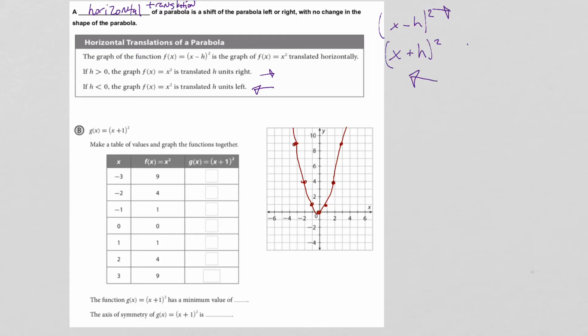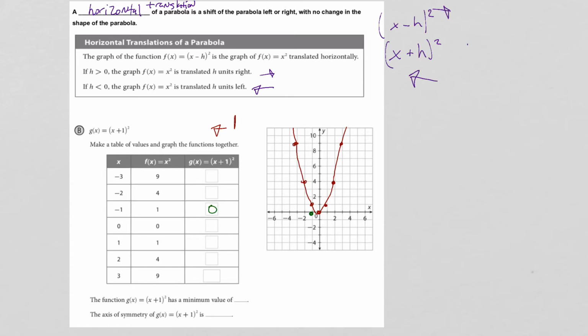If we are moving everything in this scenario to the left 1, our vertex changes from 0, 0 to -1, 0.